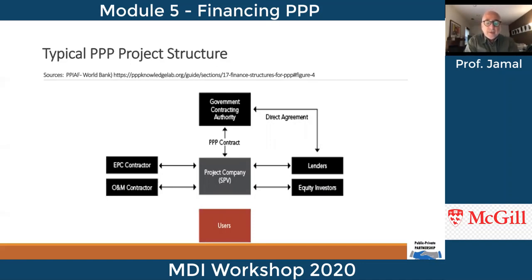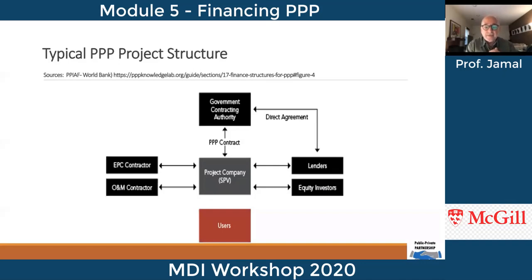The initial equity investors who develop the PPP proposal are typically called project shareholders. Typical equity investors may be project developers, engineering or construction companies, infrastructure companies, and private equity funds.